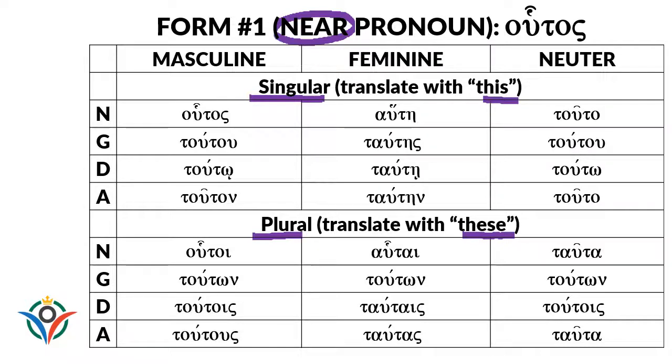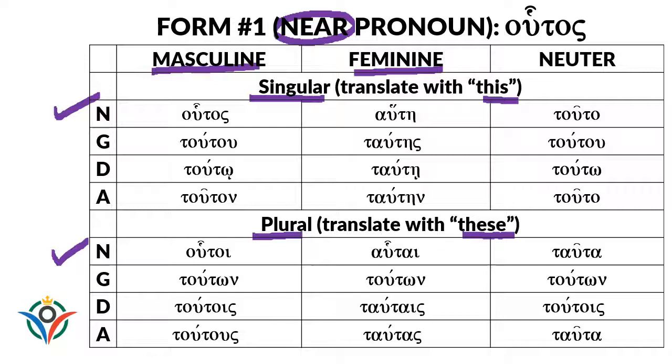Also remember that the nominative singular and plural of the masculine and feminine genders are unique. In other words, they have a rough breathing mark and they don't begin with a tau. So let's start with those.